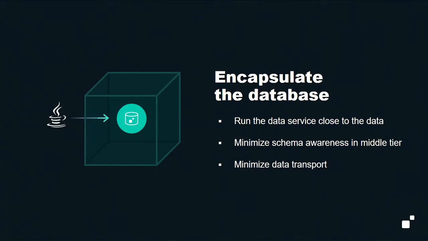That way, this middle tier doesn't have to know about the schema. Knowledge of the schema is encapsulated in the code running in the database. In addition, the code running in the database can reduce the data before it's transported to the client.